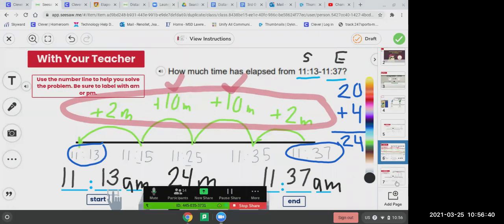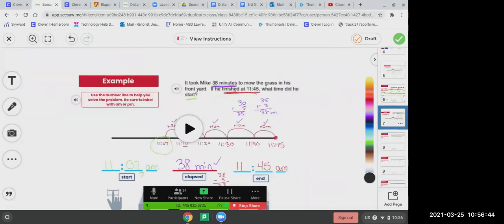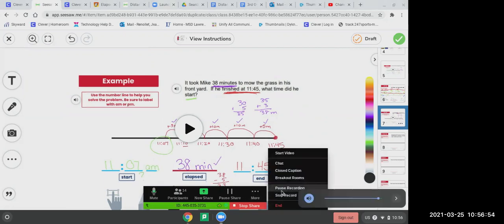Go ahead and move to slide number 7. Watch the example from Ms. Sharp, this time going backwards to find the start time. You may watch slide number 7 now.